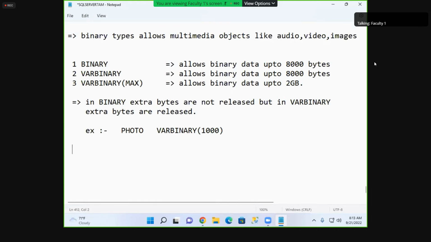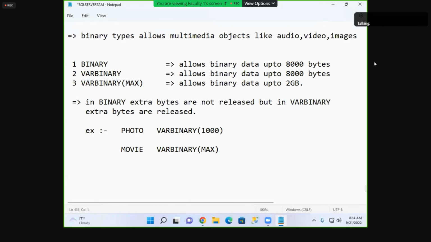Photographs may be less than 8,000 bytes, but videos and audios may be more than 8,000. Then use which data type? Varbinary max. For example, if I want to store a movie in the database, the size can be more than 8,000, so use varbinary max.